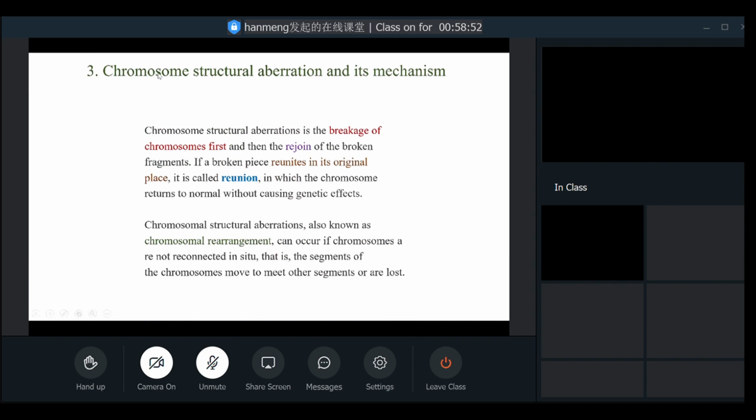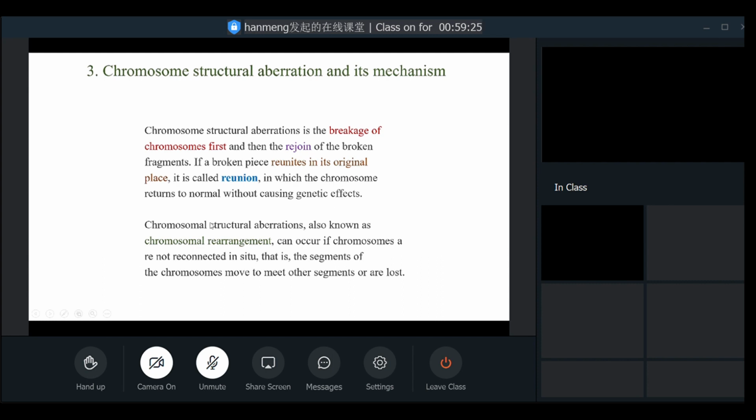Next, we will see the structure aberration and its related mechanism. Chromosome structure aberration is the breakage of chromosomes first, and then the rejoining of the broken fragments. If a broken piece rejoins in its original place, it is called restitution. In this condition, the chromosome returns to normal without causing genetic effects.